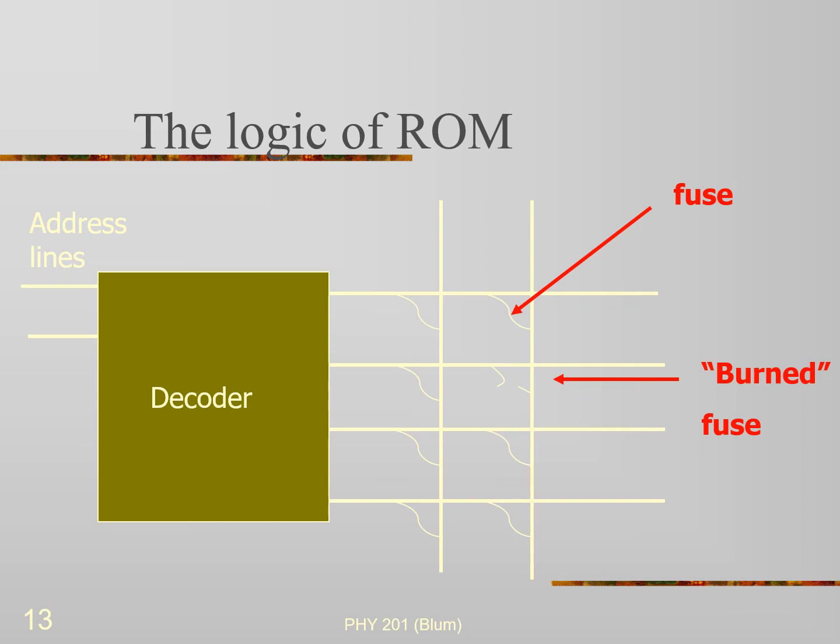And that is a process that occurs only once, or in other versions of ROM, rarely. But again, in ROM we have an address fed into a decoder, and then the decoder output is connected to an orthogonal set of outputs through a set of fuses which may be connected or not connected.